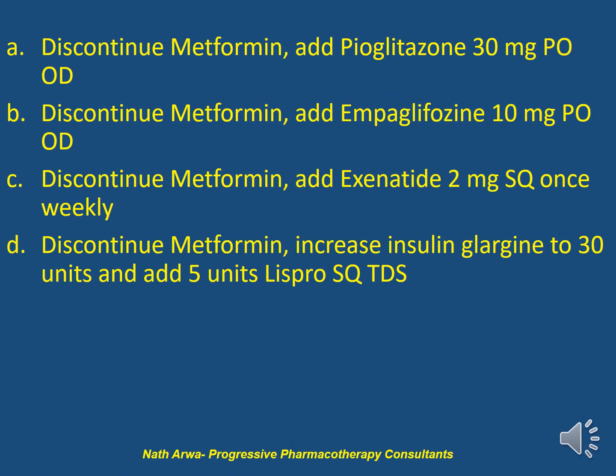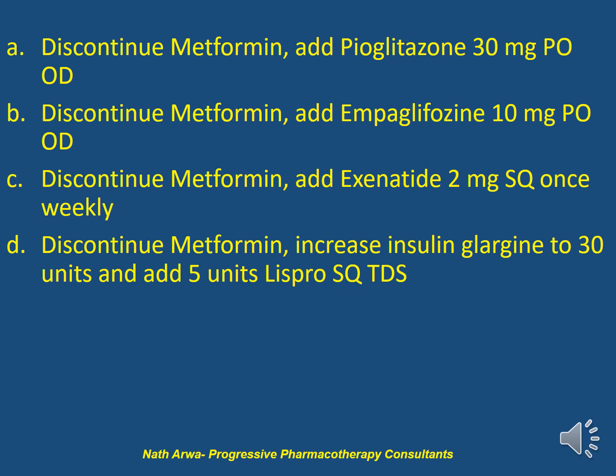B. Discontinue metformin and add pioglitazone, 30 milligrams orally once a day. Would you discontinue metformin and add empagliflozin, 10 milligrams orally once a day? Or would you discontinue metformin and introduce exenatide, 2 milligrams subcutaneously once weekly every Monday?